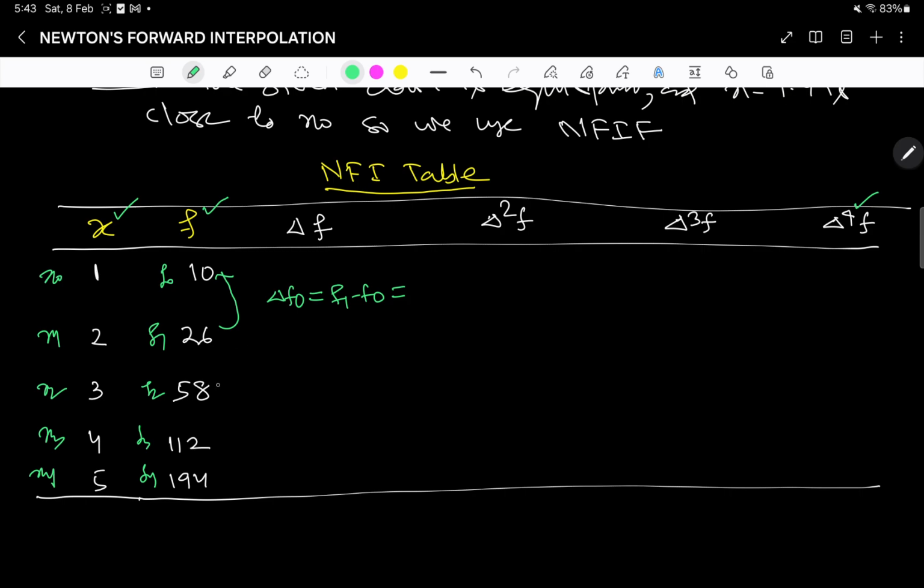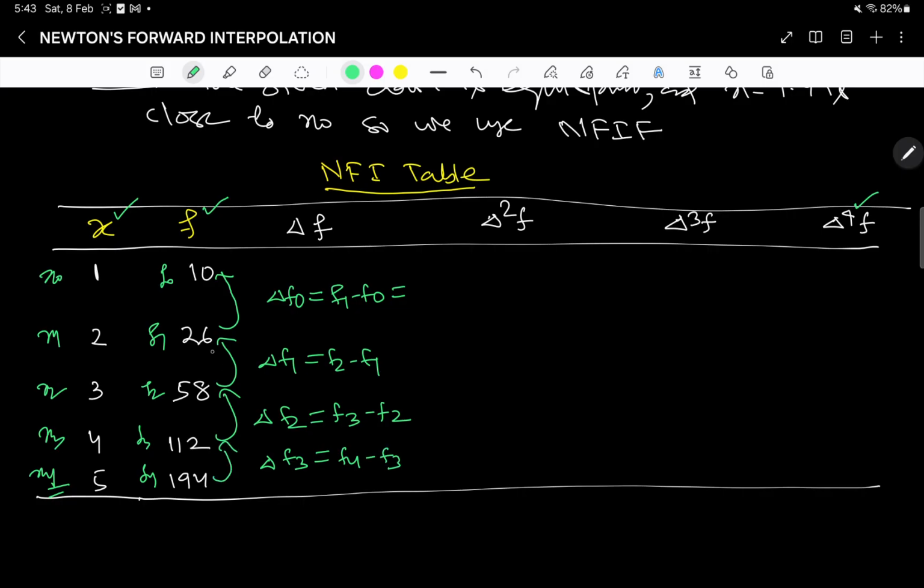Similarly del f1 is simply f2 minus f1. We just find this difference, then this difference, which is my del f2. Then f3 minus f2 is my del f3, up to n minus 1, which is f4 minus f3.